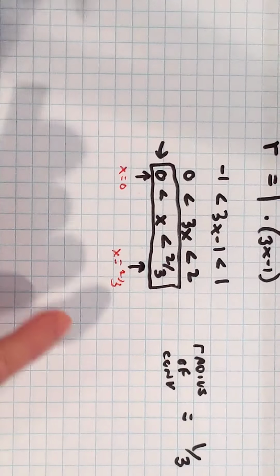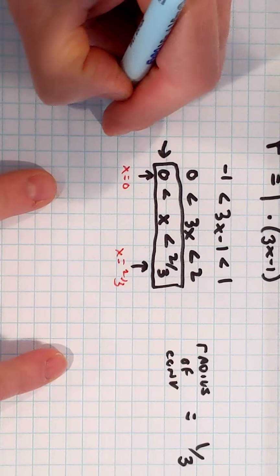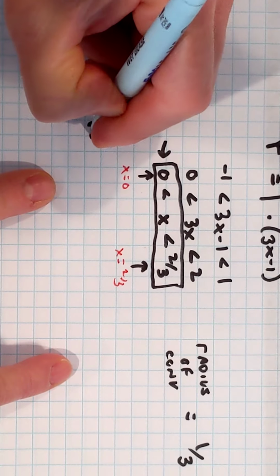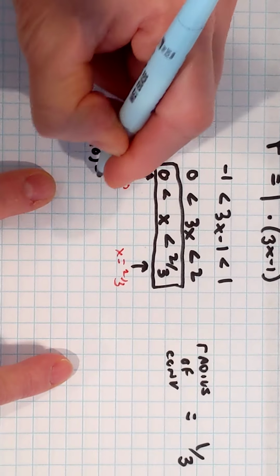So if I take the original function, the original a sub n, and I plug in 0, I get (3 times 0, subtract 1) to the n over n, which gives me -1 to the n over n. So there's one function to check the end at 0.